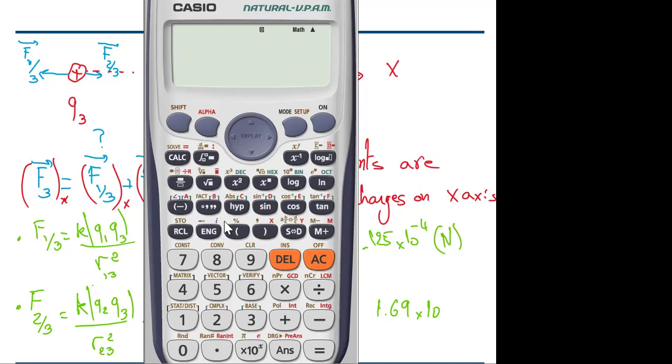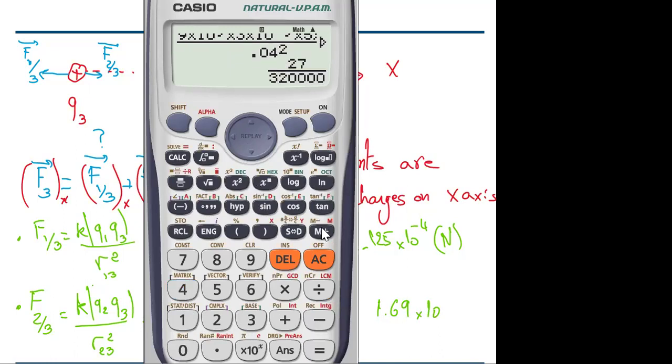Let me repeat. 9 times 10 power 9, this is for the K. For the first charge, we take, of course, the absolute value. That means 3 times 10 power -9 nanocoulomb, multiplied by 5, the third charge, times 10 power -9, divided by 0.04 squared.